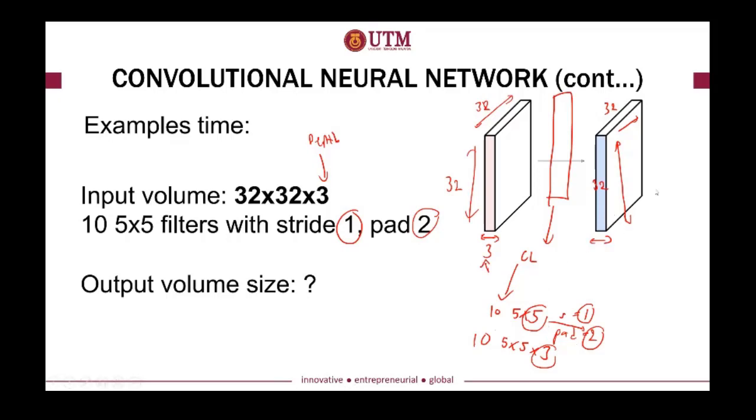So at the end, what is the volume, or the output size, what is the matrix size of this output matrix? It should be 32 times 32, because of stride equal to 1 and padding equal to 2. By having a 5 times 5 filter, you have maintained the size, meaning 32 going to 32.